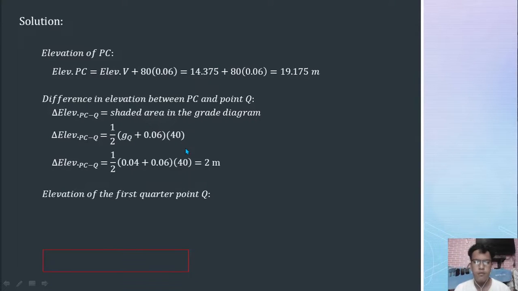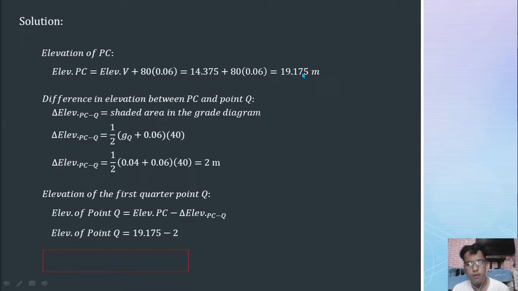Elevation of the first quarter point Q. The elevation of point Q is equal to the elevation of PC, which we already got as 19.175, minus the elevation difference between PC and Q, which is 19.175 minus 2, and the answer is 17.175 meters.